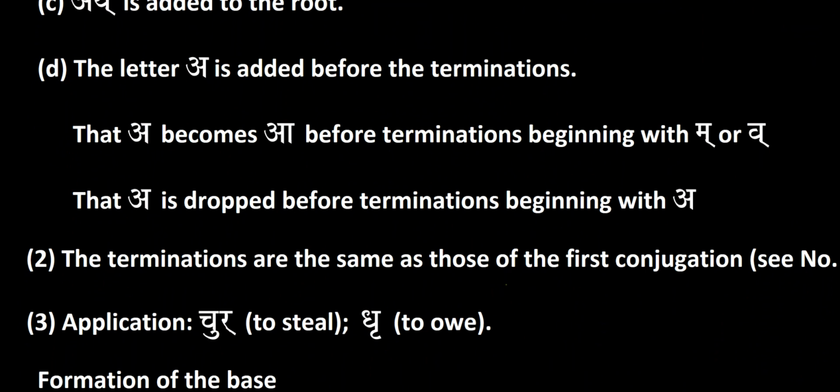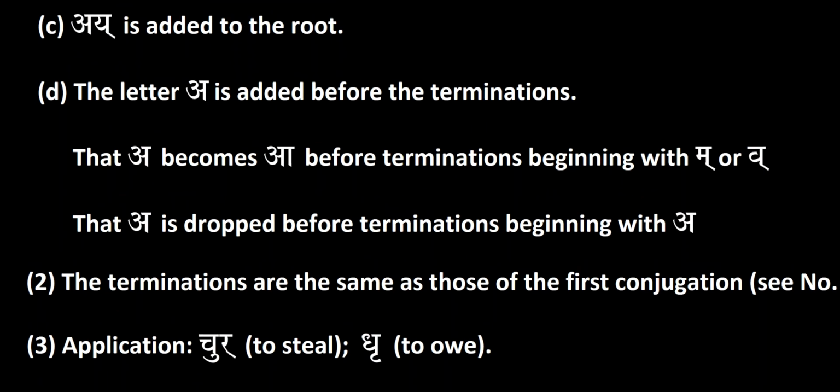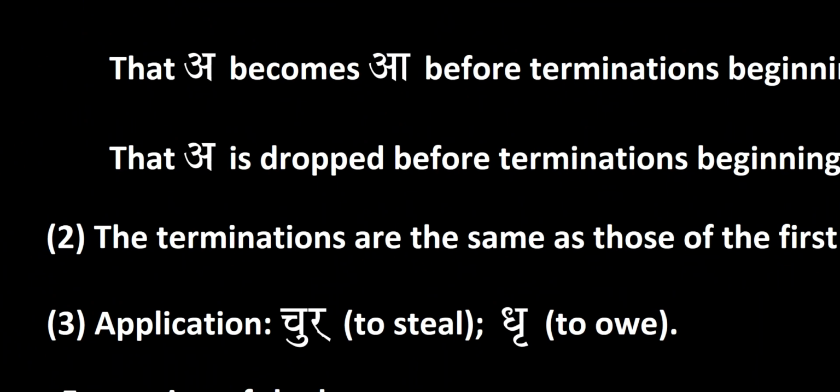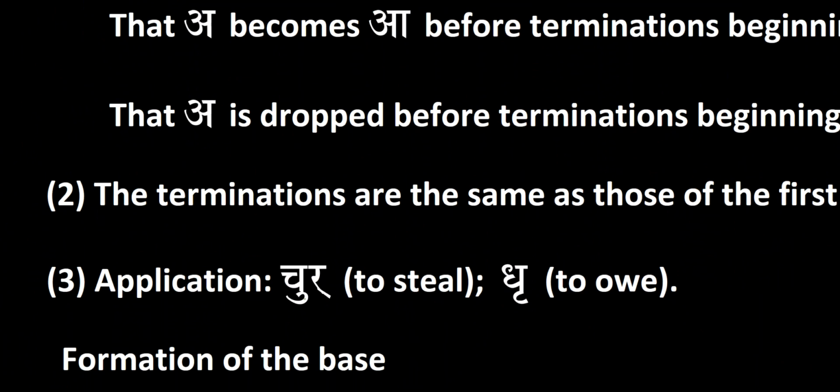The terminations are the same as those of the first conjugation, so that's very convenient. And we have two examples here for you to go over for the 10th conjugation. One example is that with a short medial vowel. The next example is that with a final vowel in the verbal base. Chud, to steal, has the short medial vowel, that is u.